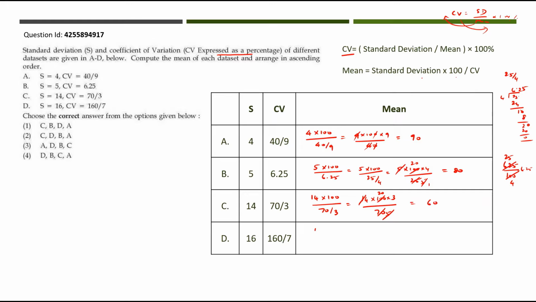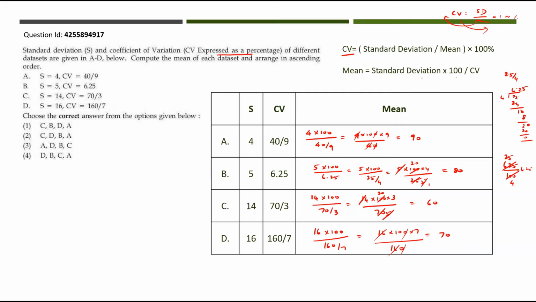What about D? Standard deviation 16 into 100 divided by 160 by 7. Bring 7 to the numerator. 16 into 100 into 7 divided by 160. 10 and 10 will get cancelled. 16 and 16 will get cancelled. 10 into 7 will give a value of 70.